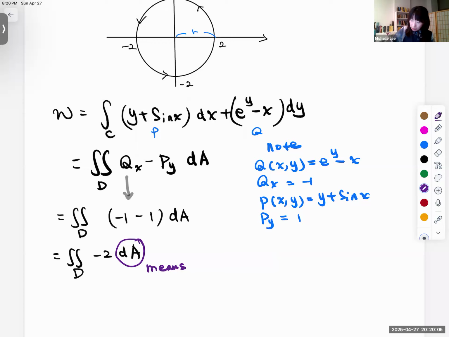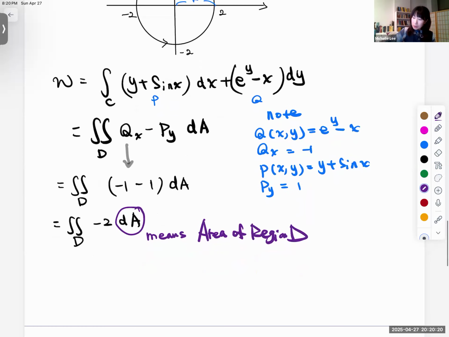It means area. Okay, so this is a circle, then what's the area of a circle?